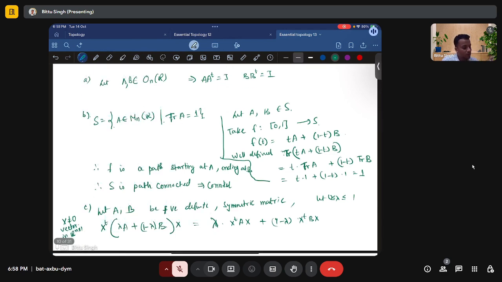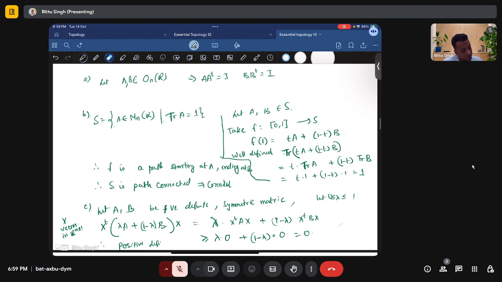Note that x transpose Ax is greater than or equal to 0. So this is greater than or equal to lambda times 0 plus 1 minus lambda times 0, which is greater than or equal to 0, therefore positive.